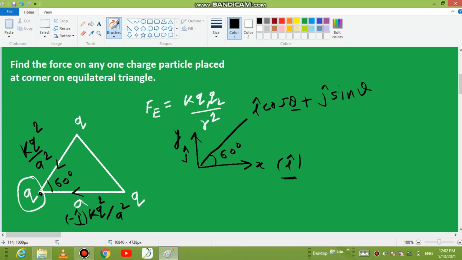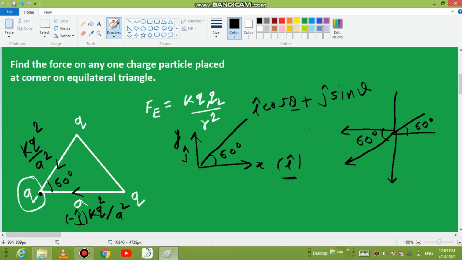and if we draw forces for right direction, the net force will be in this direction. If this angle is 60, then this angle will be 60.